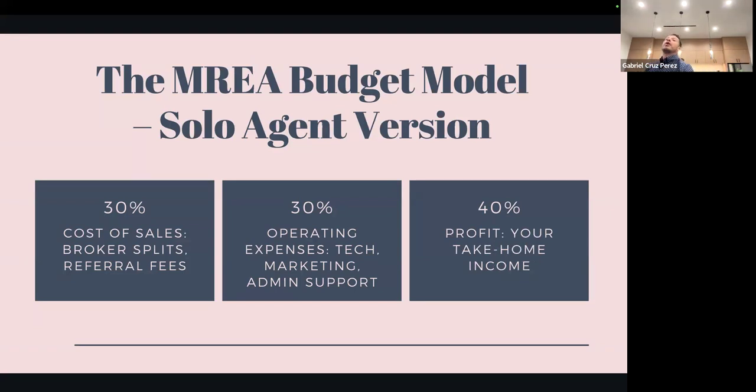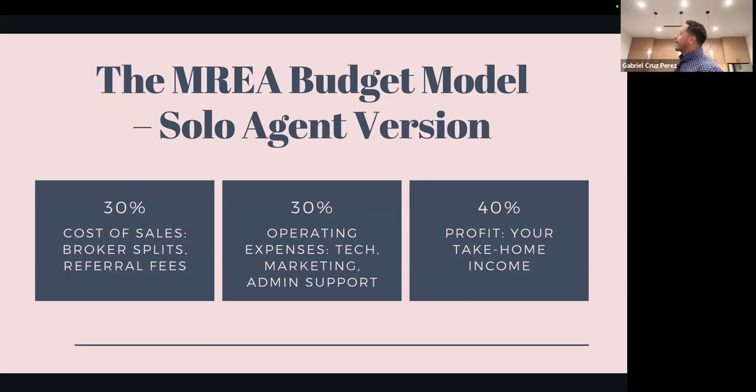So what we see all the time is somebody has convinced themselves that they're operating at a 30% expense. The broker split is 30%, so that's set in stone. This agent is convinced that they're operating at 30% margins, and then we look at their profit line and there's nothing there. It's minimal. It's not 40%.